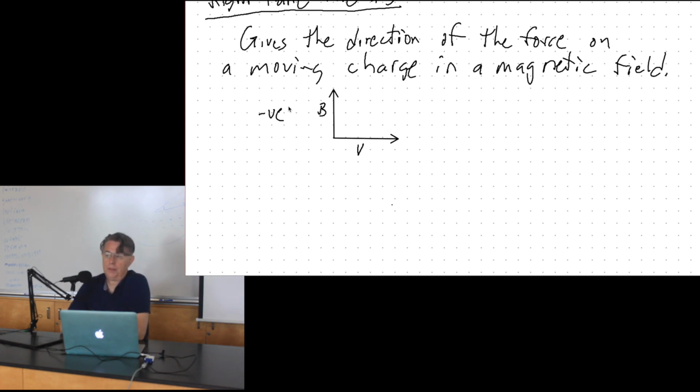If it's positive, the force goes the other direction from the negative case. If it is negative, then we use the right-hand rule to find the direction of the force.